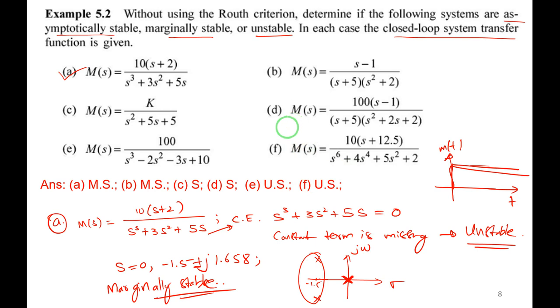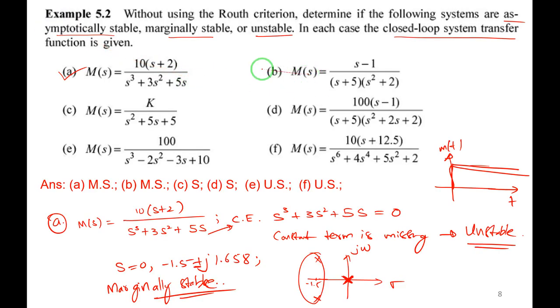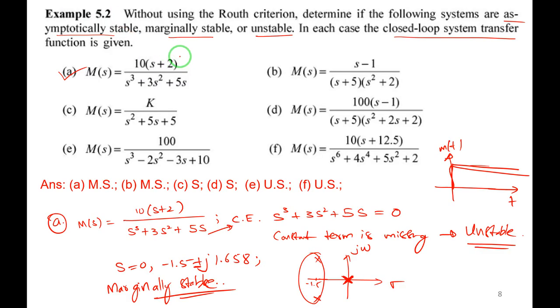Then next we'll go for the second one, B. M of s is equal to s minus 1 divided by s plus 5 into s square plus 2.